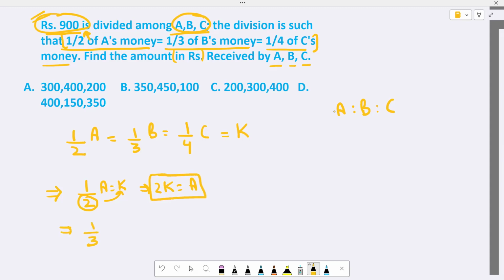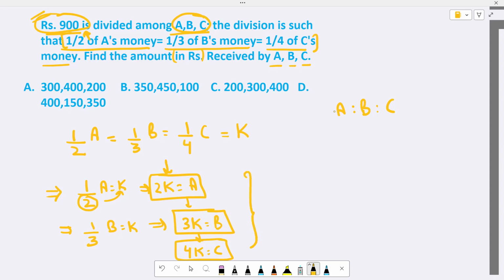Similarly, if I write 1 upon 3B equals K, I will get 3K is equal to B. And for C, it will be 4K equals C, as the relation is mentioned here. Why we are doing this is in order to simplify the question, because in one variable, it becomes very easy for us to compare these quantities.